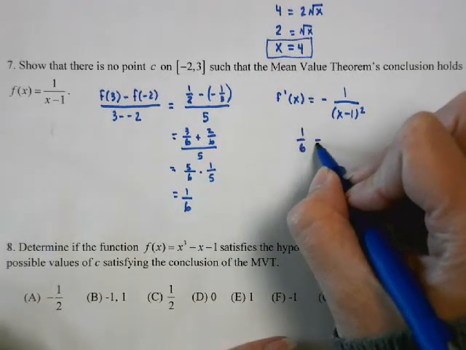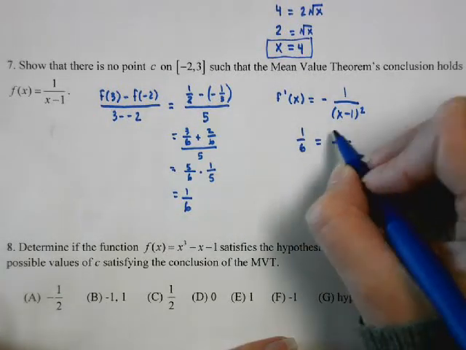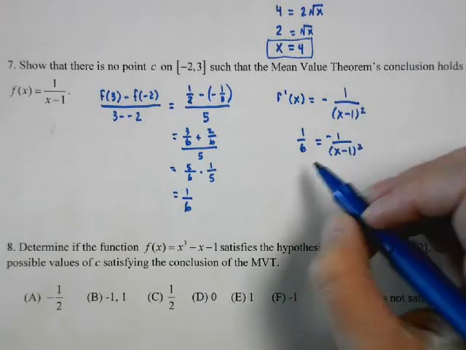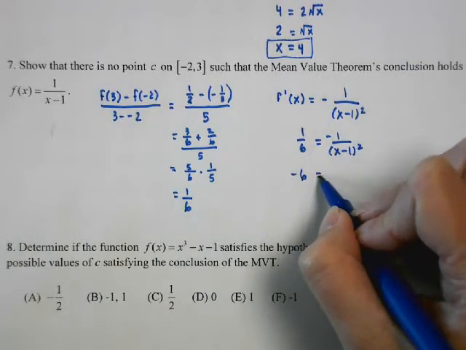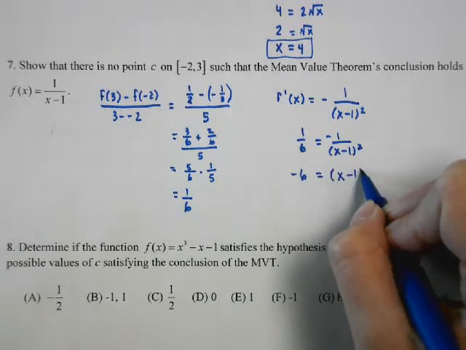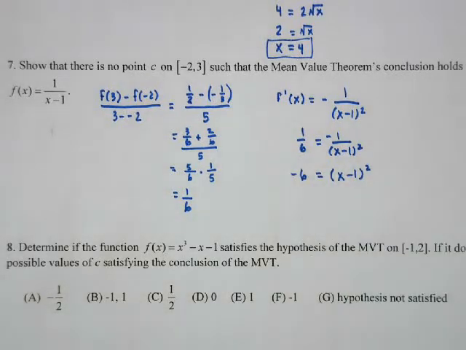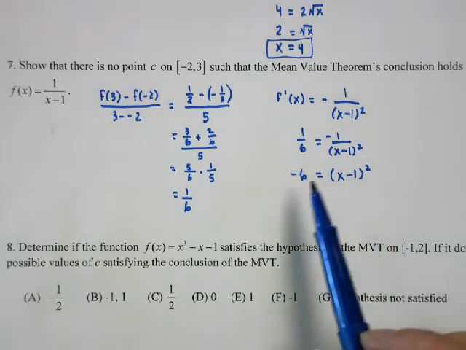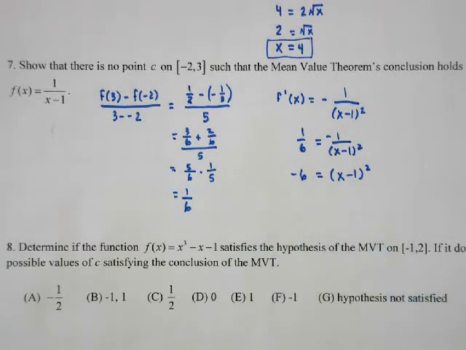So 1/6 equals negative 1 over x minus 1 squared. I can rewrite this as negative 6 equals x minus 1 squared. There is no value. This is always going to be positive, so there's no value where we're going to get negative 6.